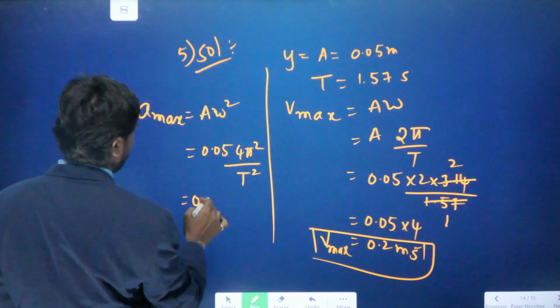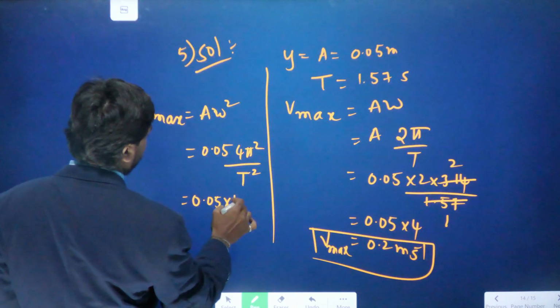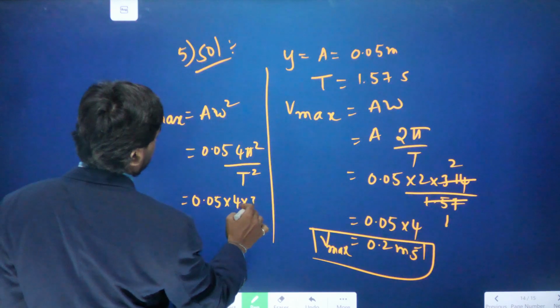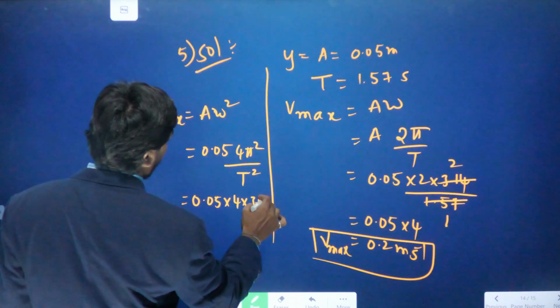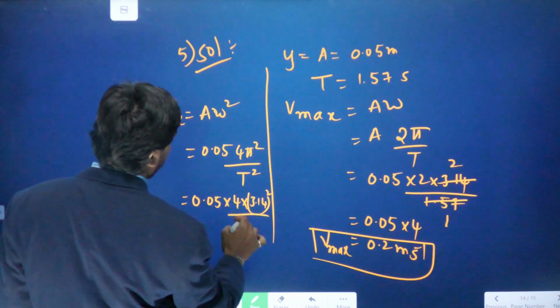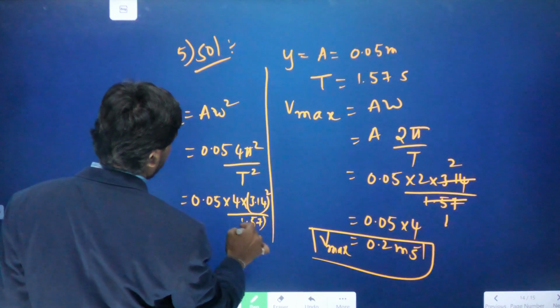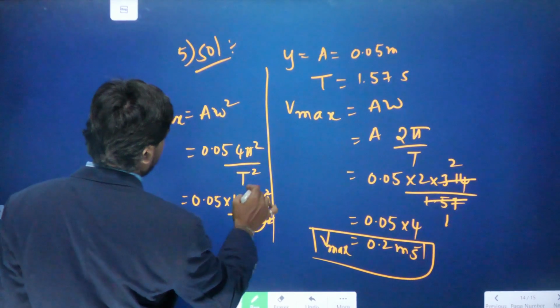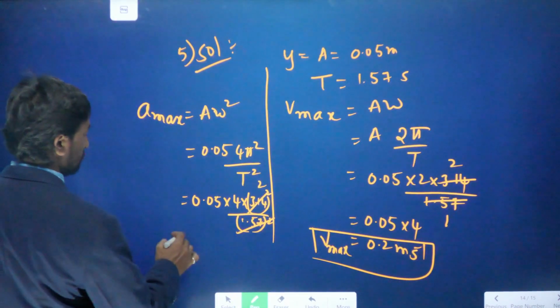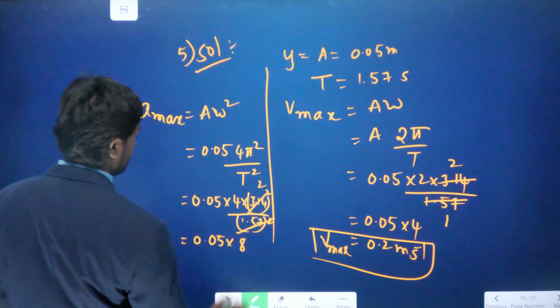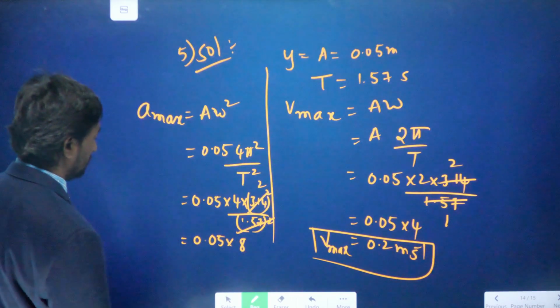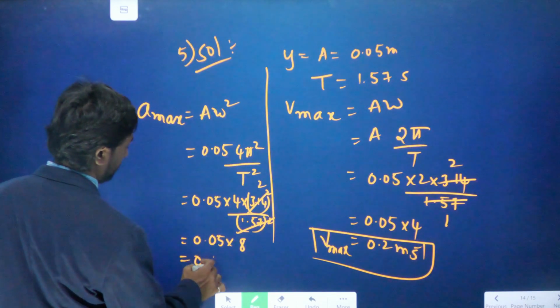So we get 0.05 into 4 into 3.14 whole square divided by 1.57 whole square. Here also these will be cancelled and 2 will remain.